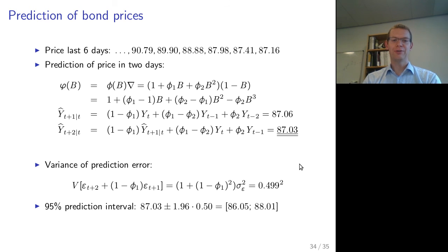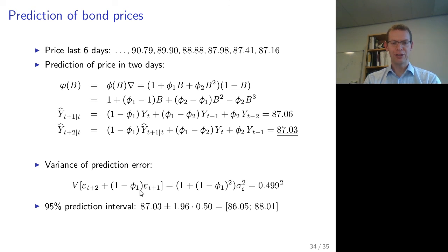Next we need to look at the variance. We want to look at the variance of the two-step predictor. If we do as we did for the AR process before, we have epsilon t plus 2 plus the coefficient of the AR1 part here on epsilon t plus 1.